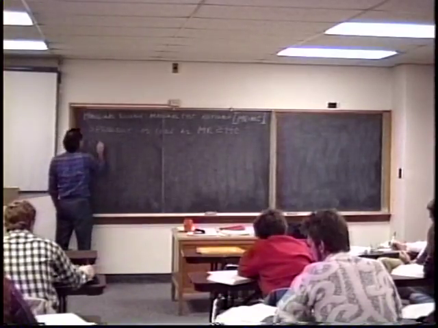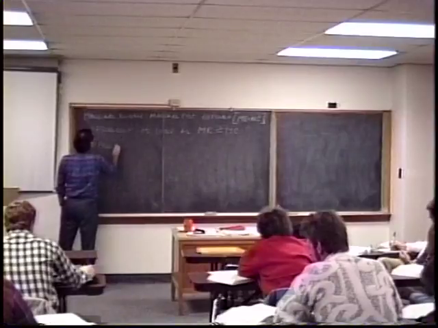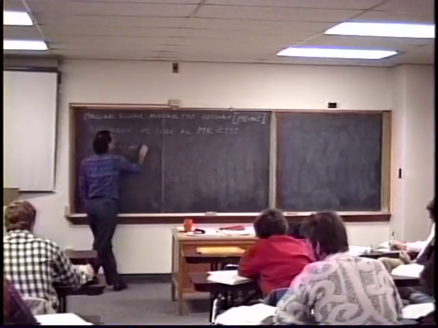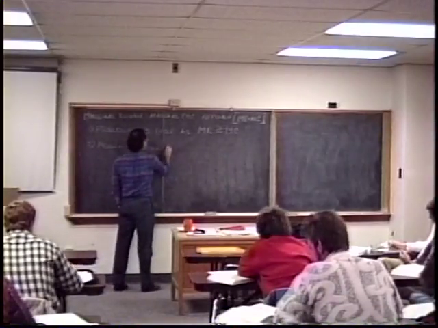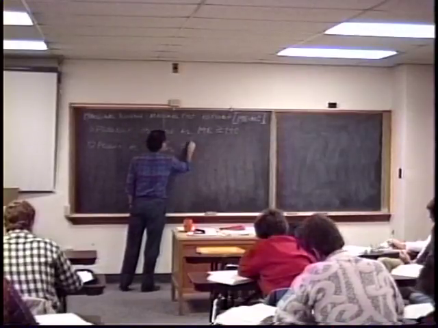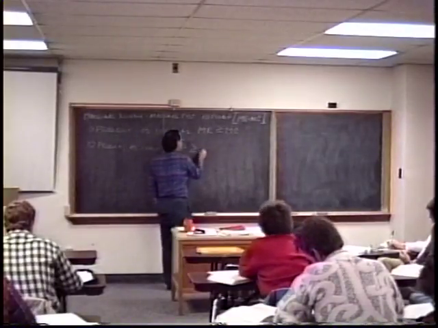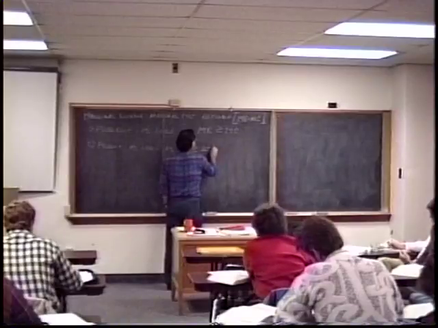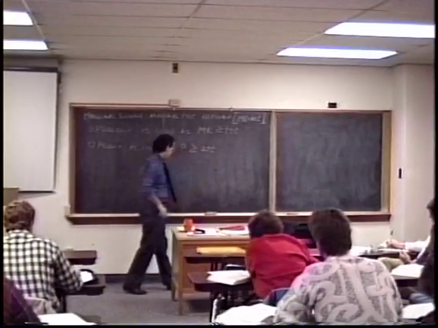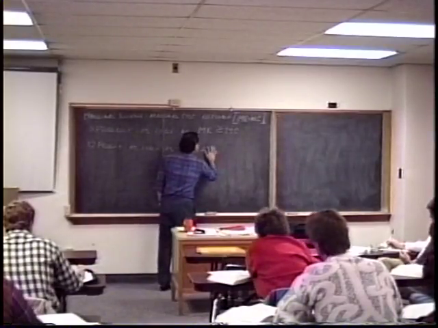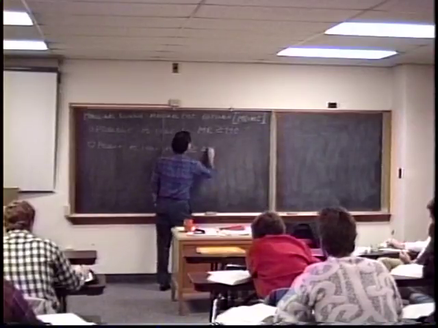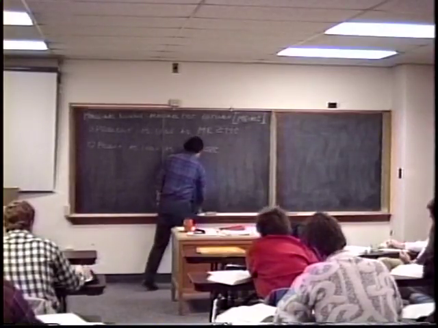Secondly, you have to produce as long as price is greater than or equal to average variable cost. Right.